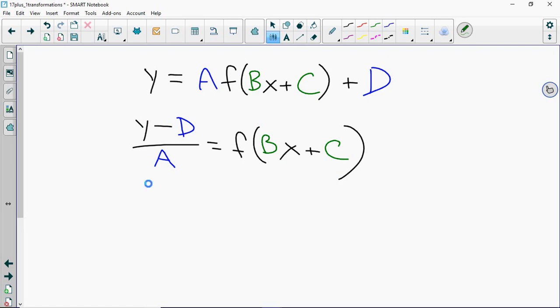Since this equation is equivalent, we're still stretching the graph to get taller, but now we're dividing by a, or multiplying by 1 over a. So actually, when we make things fair and put all the vertical things together and all the horizontal things together, we see that actually the transformations are always working in the opposite way for how we think they should.